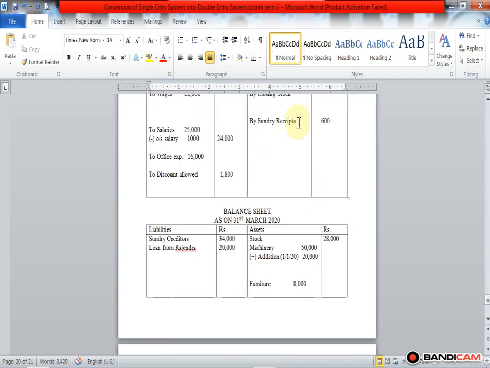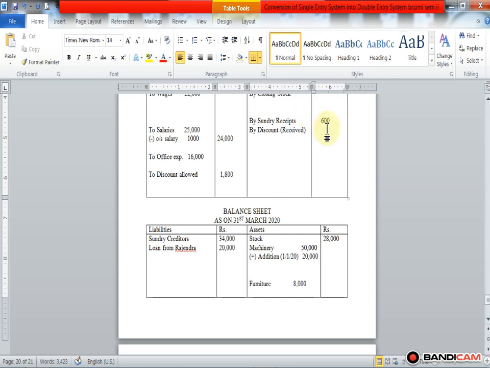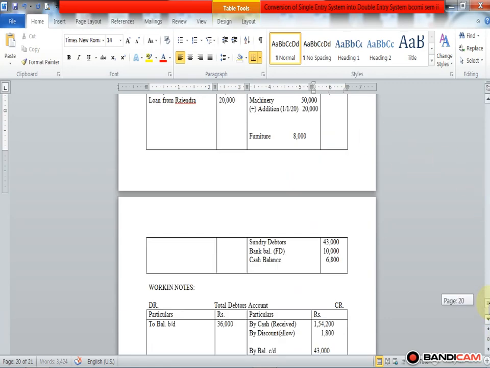So here, by discount received from creditors amounted to rupees 1,000. And the second effect is on the debit side of creditors account.